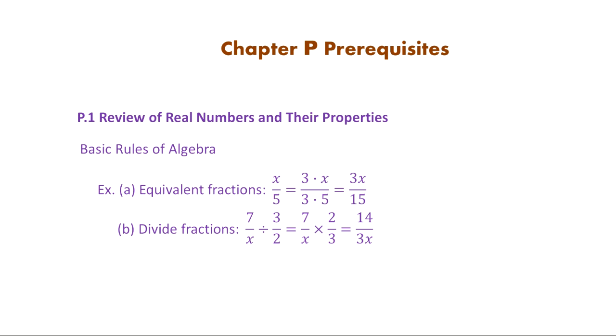You just flip 3 over 2, you get 2 over 3. So that gives 7 over x times 2 over 3. Make sure you know how to multiply fractions. You multiply top by top and bottom by bottom. You do not do the cross multiply. So then you get 7 times 2, which is 14, on the top and 3x at the bottom. So that's how you divide fractions.